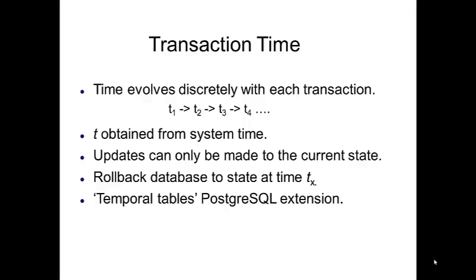If you want to know the state of a database at time t, you do what's called roll back the database to the state at time t. It basically goes back through these timestamps, finds the appropriate time, last event, and then reconstructs the database at that time.